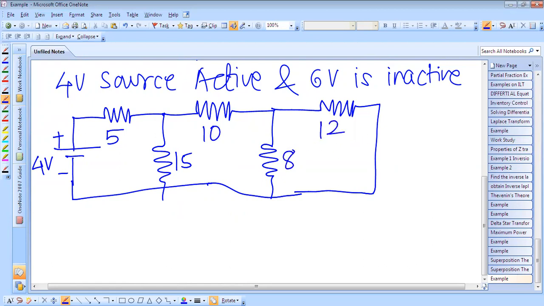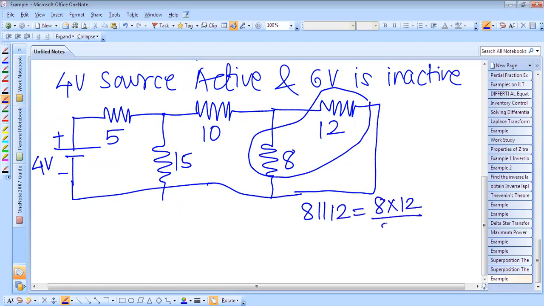So now these two are in parallel. This 8 is parallel with 12: 8 into 12 divided by 20. So this way we find the value.